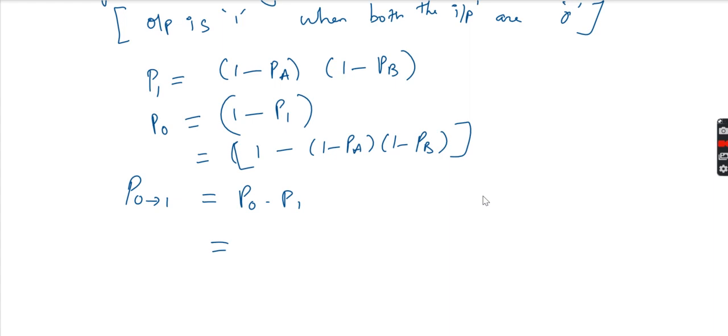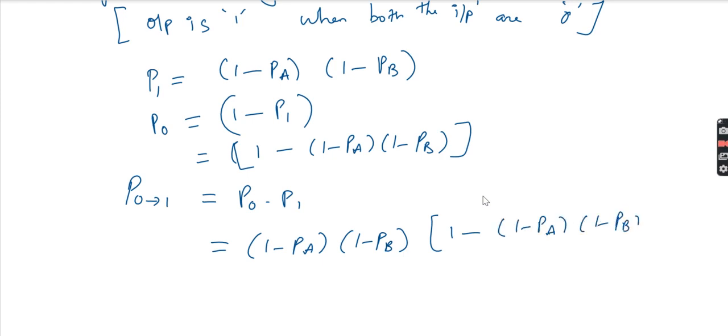So I will get 1 minus PA, 1 minus PB into 1 minus PA, 1 minus PB. So this will be the switching activity for the gate. In this manner we can calculate the switching activity at the output for any complex gate.